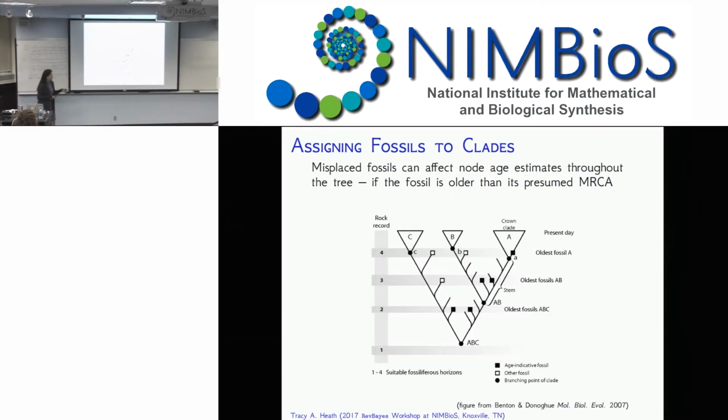This is actually a nice diagram from a paper by Mike Benton and Phil Donoghue, who are both paleontologists, who wanted to provide an intuition for molecular biologists and neontologists applying fossils as calibrations, to understand what they're actually doing.